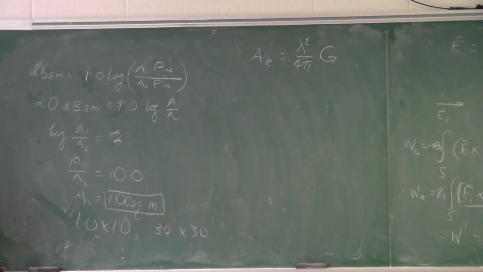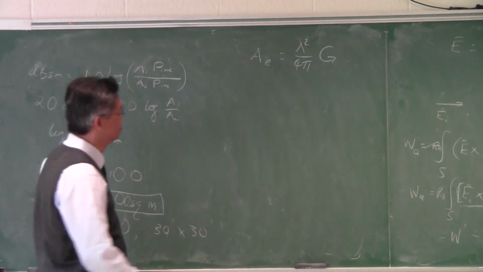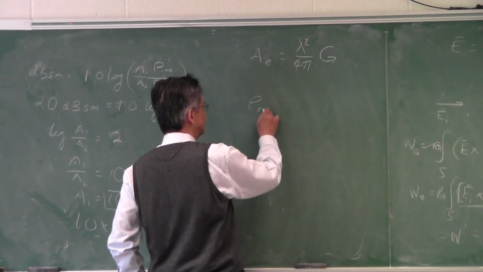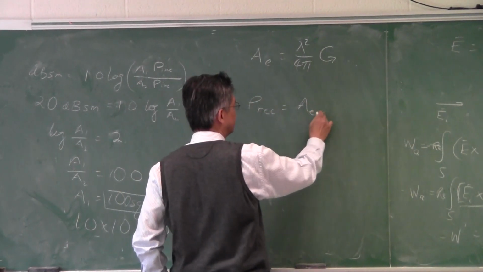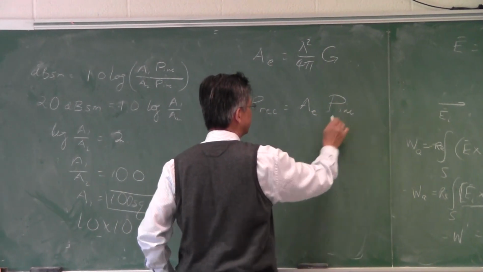If you look at the derivation, this formula is predicated on the fact that you have a perfectly matched system. The power received is the effective aperture times the power incident.